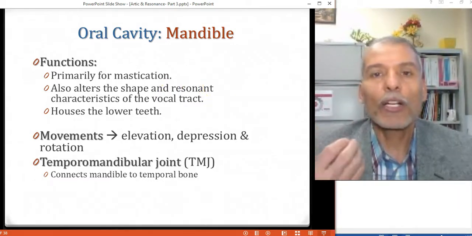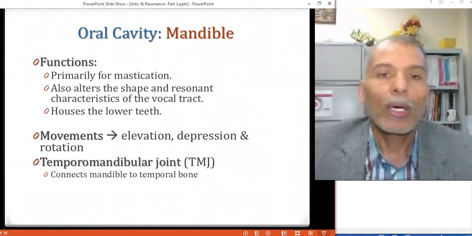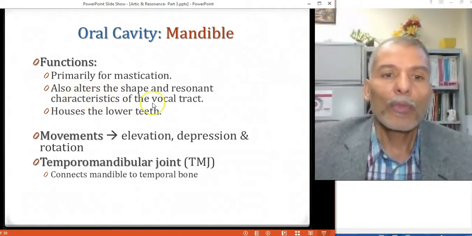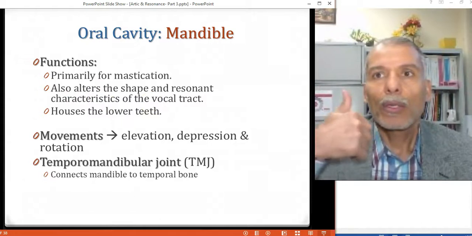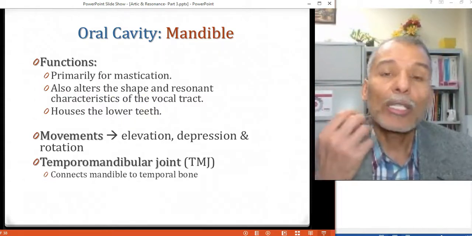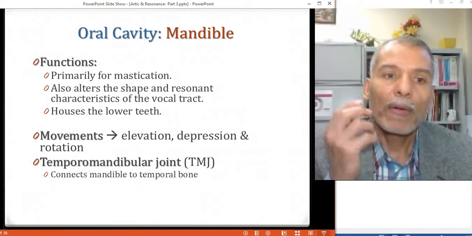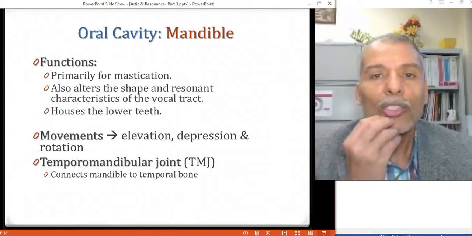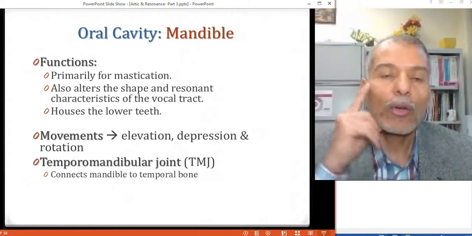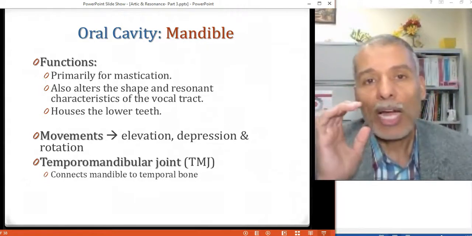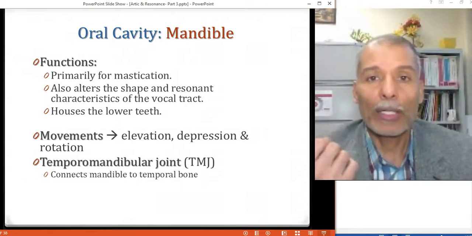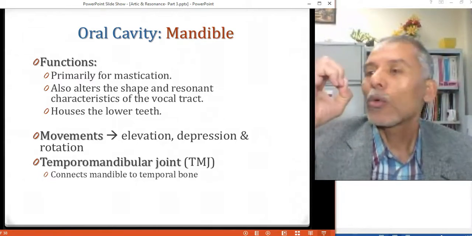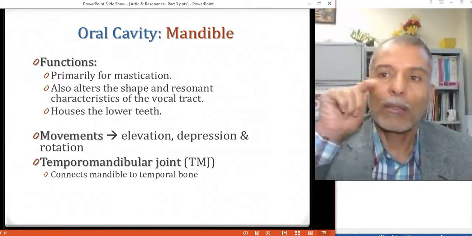For speech, and voice, let's say speech, because voice is part of speech, number one, you have the mandible as an articulator, and then you have also the mandible as an organ that contributes to shaping the configuration of the vocal tract. The vocal tract is going to resonate differently. It will change its sound differently based on the diameter of it. Is it wider? Is it constricted? Is it longer? Is it shorter?